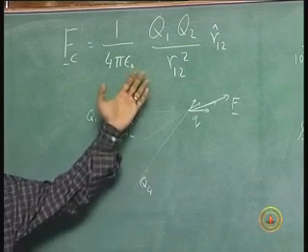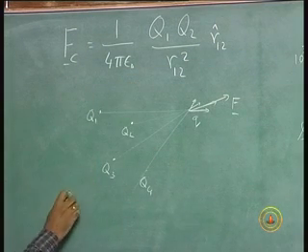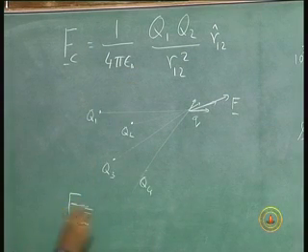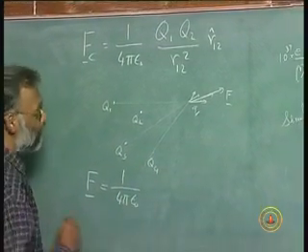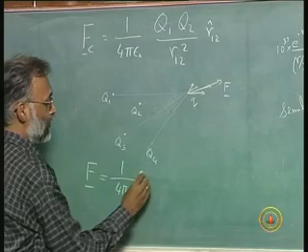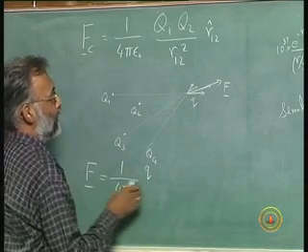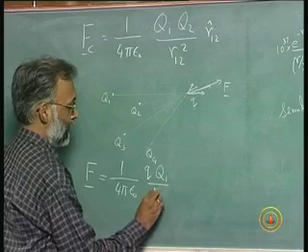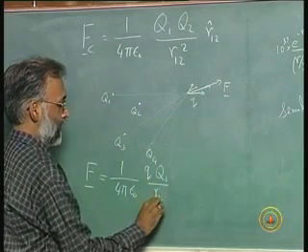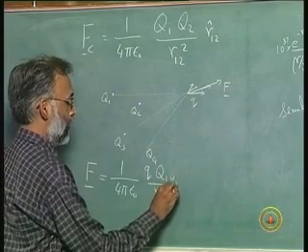If you want to write this mathematically, what it says is the force is equal to 1 over 4 pi epsilon 0, this charge q times q1 divided by r1 squared along r1.